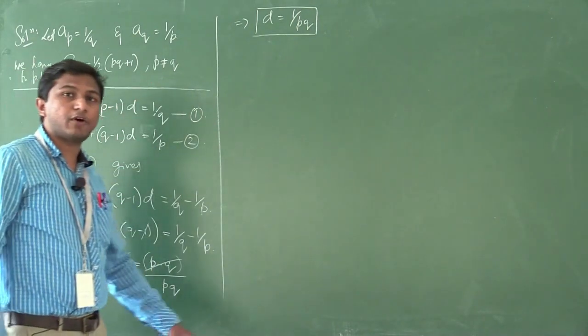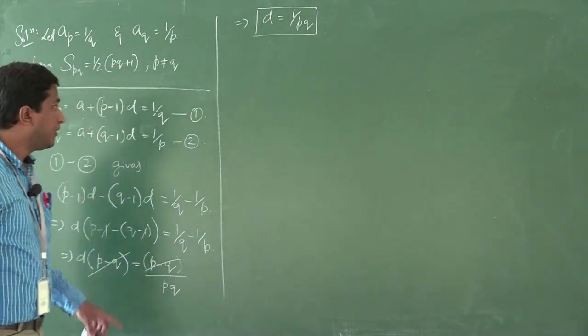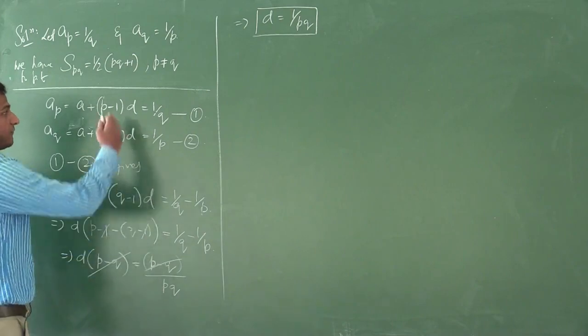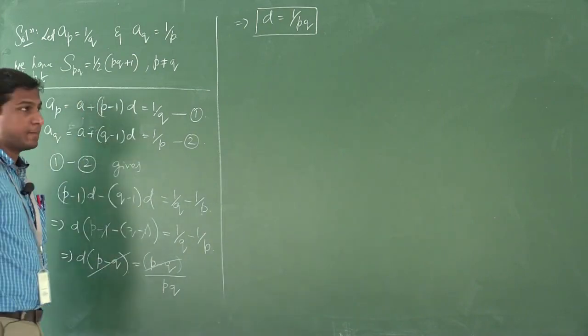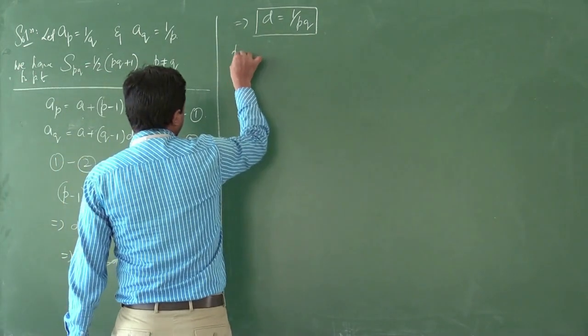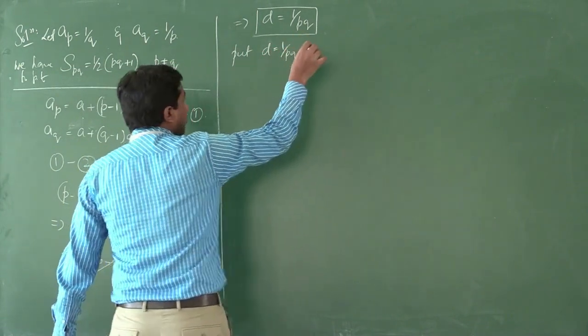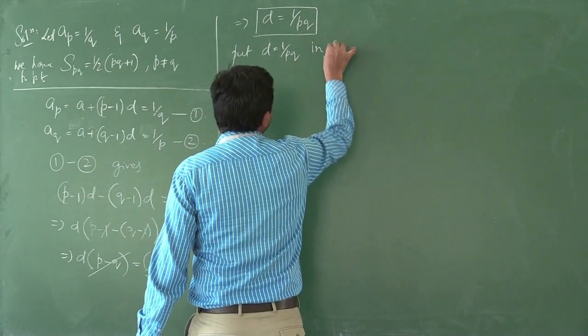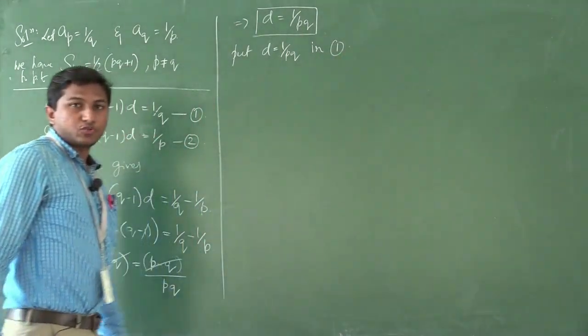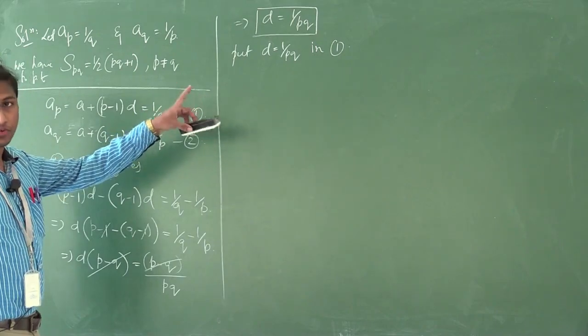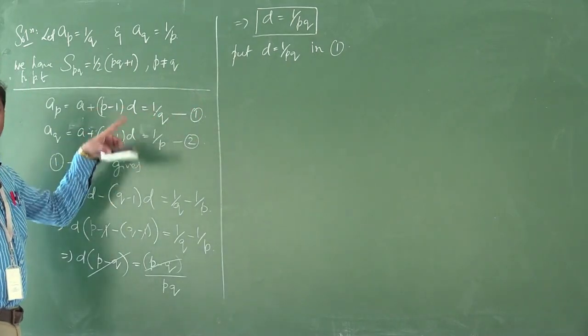Now that we have found out the value of d, we shall substitute the value of d in one of these two equations, to find out the value of a. So we'll put d equals 1 by pq in equation number 1.